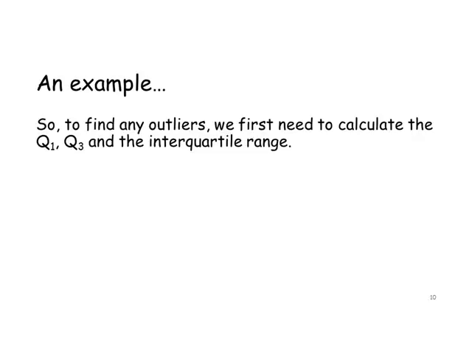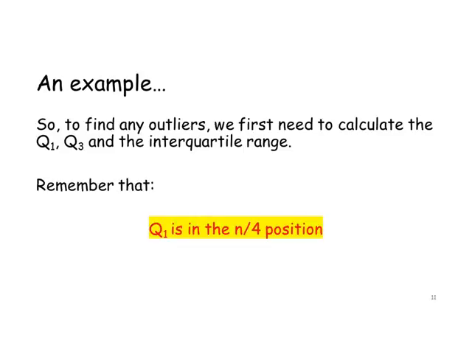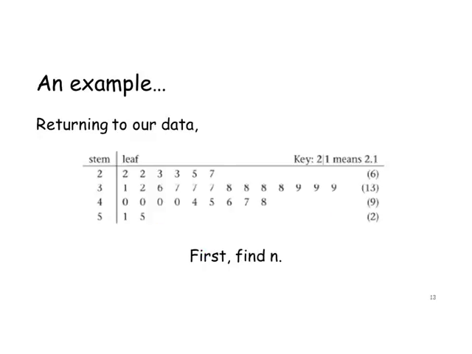So, let's find the outliers. To do that, first of all, we need to find Q1, Q3 and the interquartile range. Remember that Q1 is in the n over 4 position and Q3 is in the 3n over 4 position, where n is the total number of observations. So first of all, let's find n.